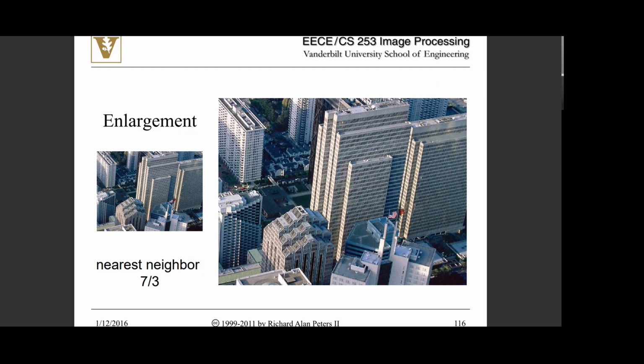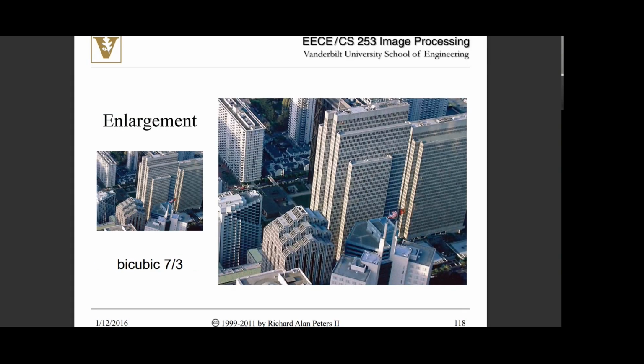Yeah, now we can enlarge it. So instead of reducing the image, we enlarge it. And here is with nearest neighbor. Now the pattern is not so noticeable because we are not mixing the frequencies anymore. So mixing frequencies happens when you do the decimation, not when you do an upsampling. When you do an upsampling, there is no aliasing.